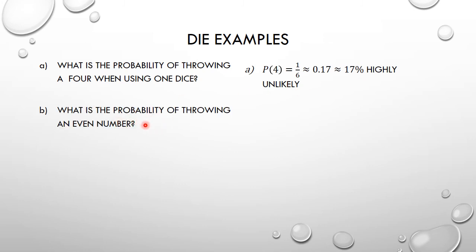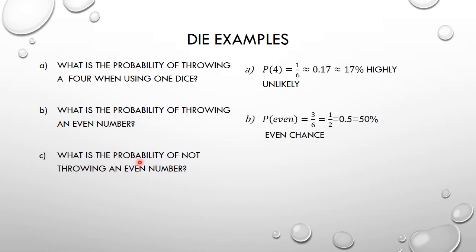What is the probability of throwing an even number? So how many even numbers do we have on a dice? It's 3, namely 2, 4, and 6. So there's 3 of them out of the 6 options, simplified to a half, which gives us 0.5 or 50%, even chance. Please remember, always simplify your fractions.